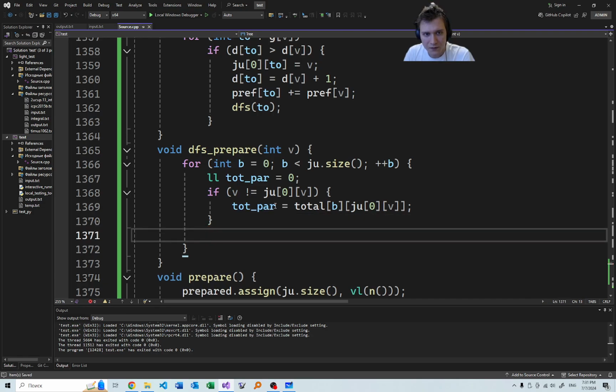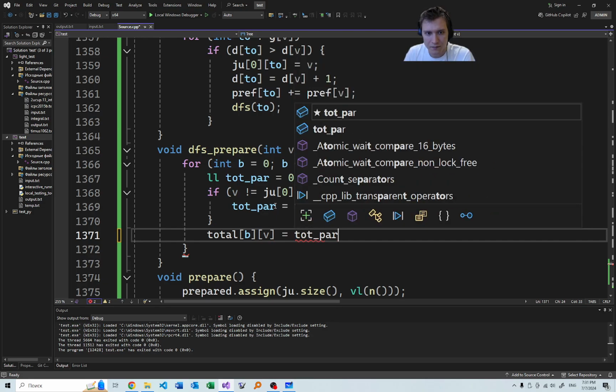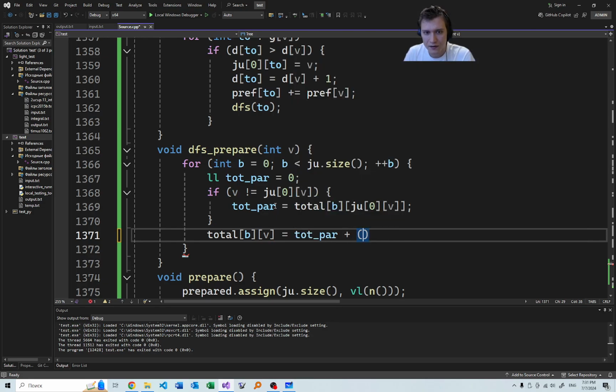Okay, and then we say simply the total B is total parent plus what? So if we don't have this bit, then it's +1. If we have this bit, then it's -1.